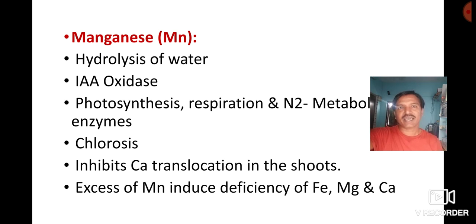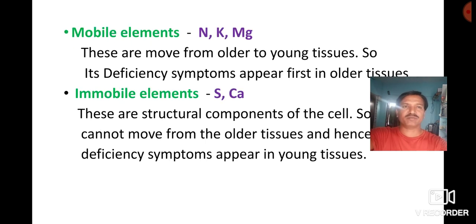It inhibits calcium translocation in the shoots, very important. Excess of manganese induces deficiency of iron, magnesium and calcium.